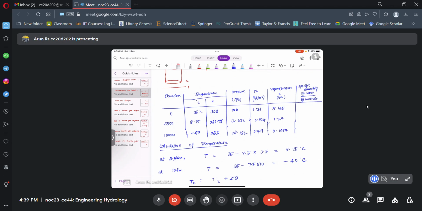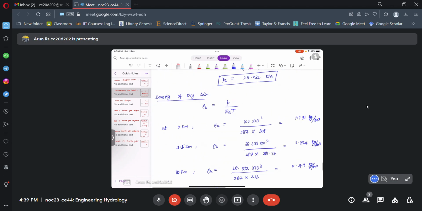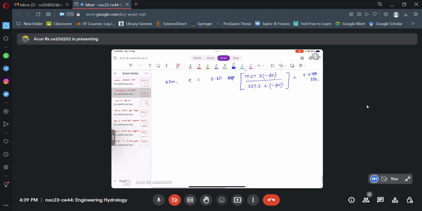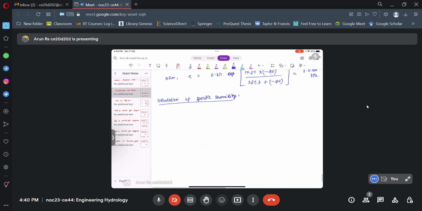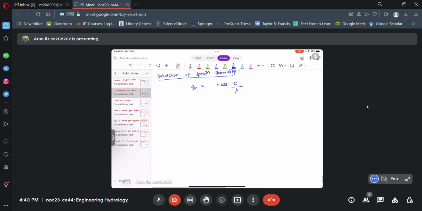So next we need to determine the specific humidity. That is the last parameter. We know the specific humidity's equation: 0.622 into saturation vapor pressure by the total pressure.